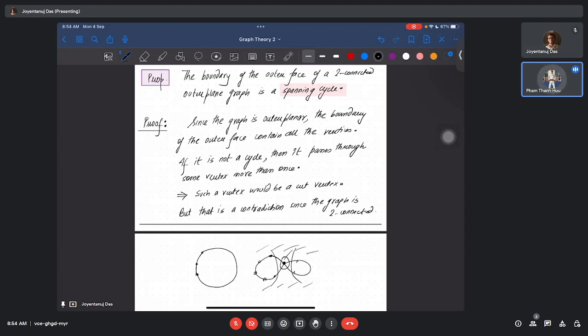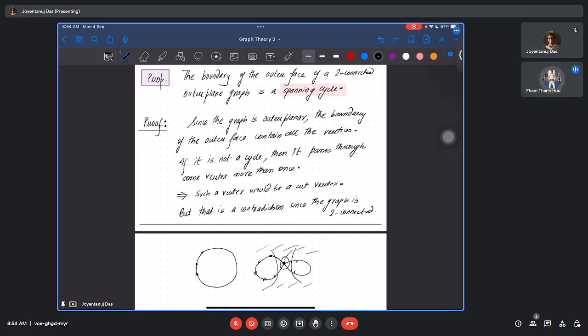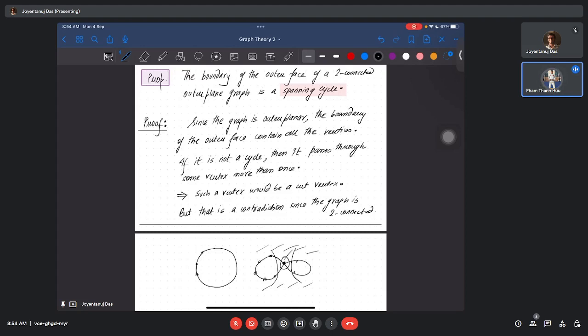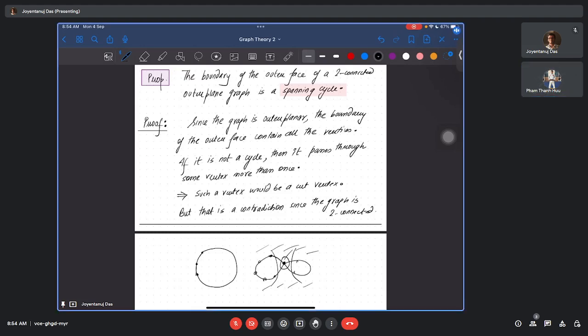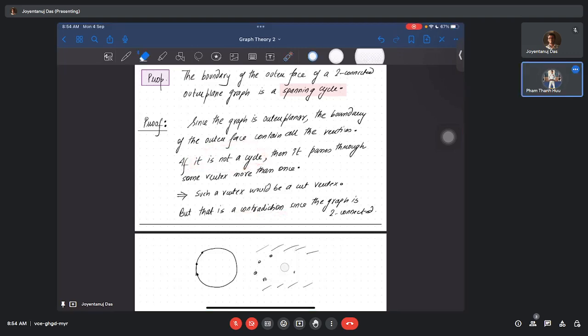We don't have to prove it is two connected; that is given to us. We have to prove that the boundary of the outer face is a spanning cycle. So we assume that it is not a spanning cycle, and we got a contradiction.